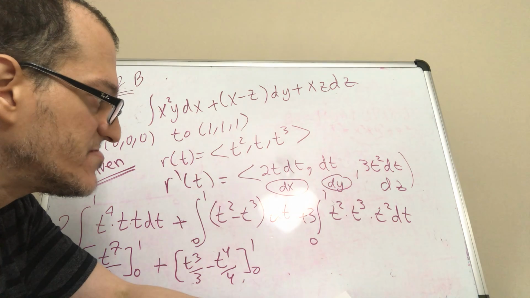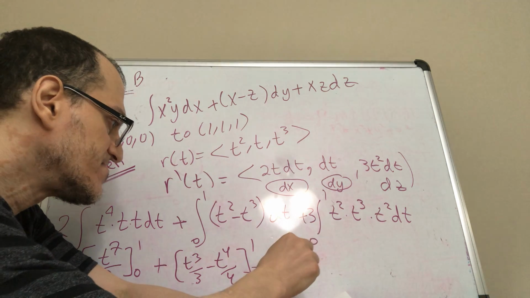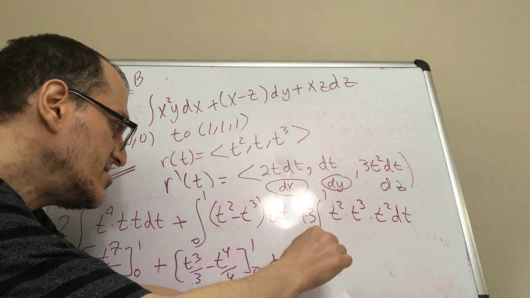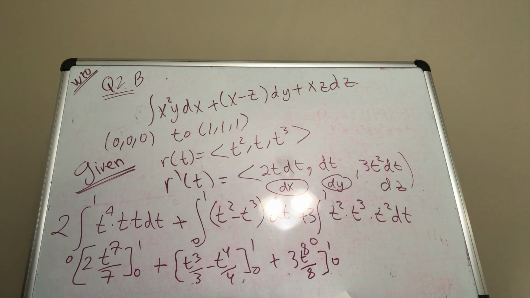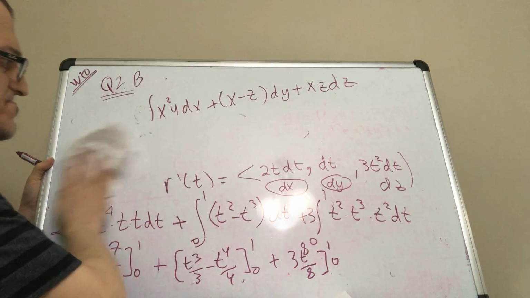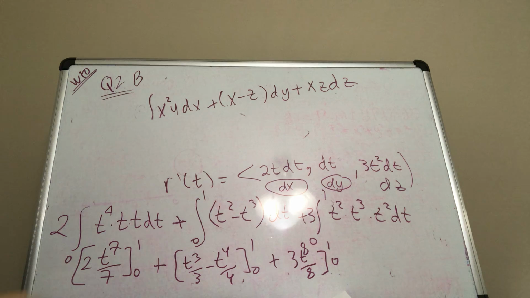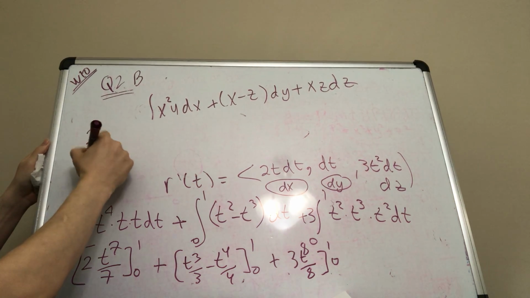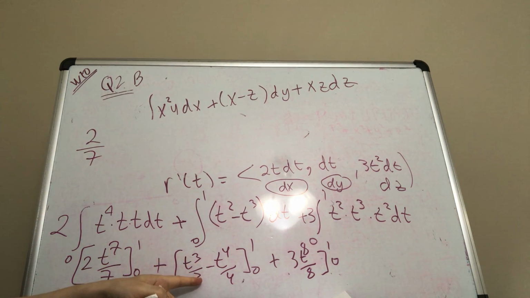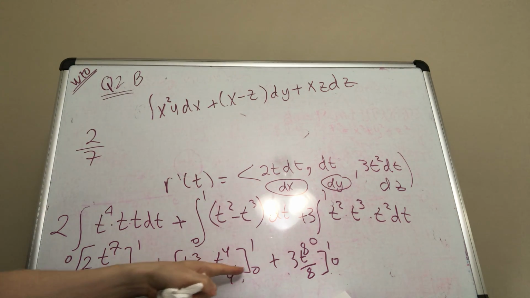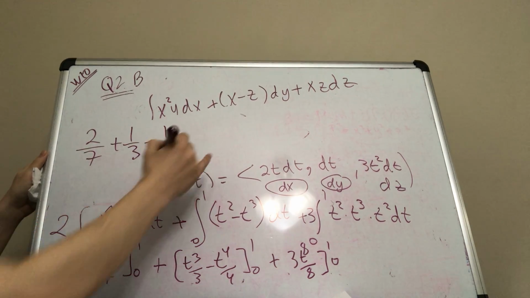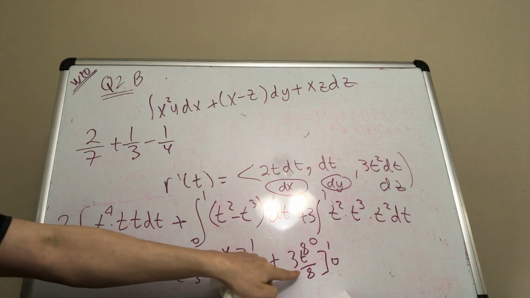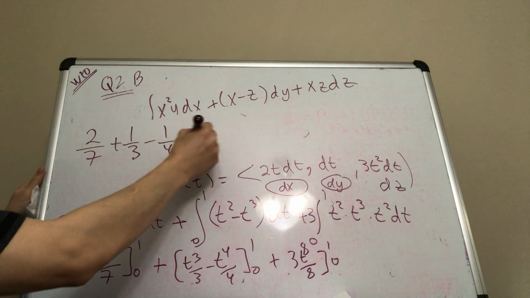Here you're integrating t to the 7, t to the 8 over 8, 1 to 0. When you plug in 1, it gives you 2 over 7 minus 0, so the first answer is 2 over 7. You plug in 1, it gives you a third minus 1/4. Plug in 0, 0, so plus 1/3 minus 1/4. You plug in 1, 3 over 8 minus 0, plus 3 over 8.